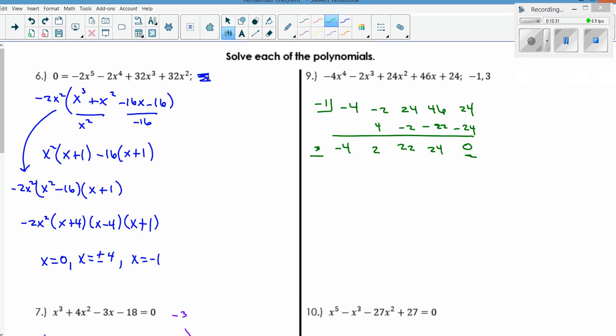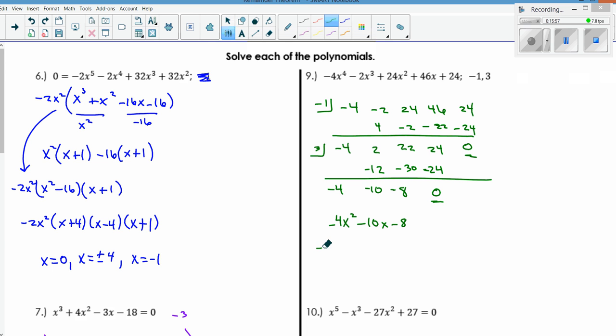Alright, now I'm going to do it again with 3. So I get 24. Oops, sorry, this was a negative, which means that's a negative. Okay, so that brings me all the way down to negative 4x squared minus 10x minus 8.